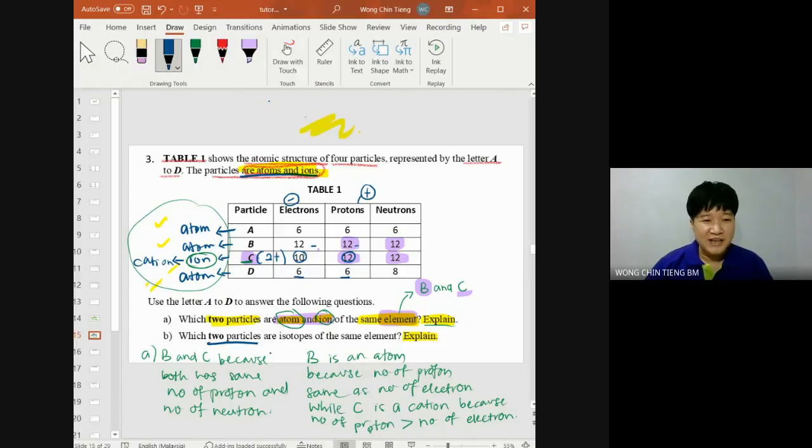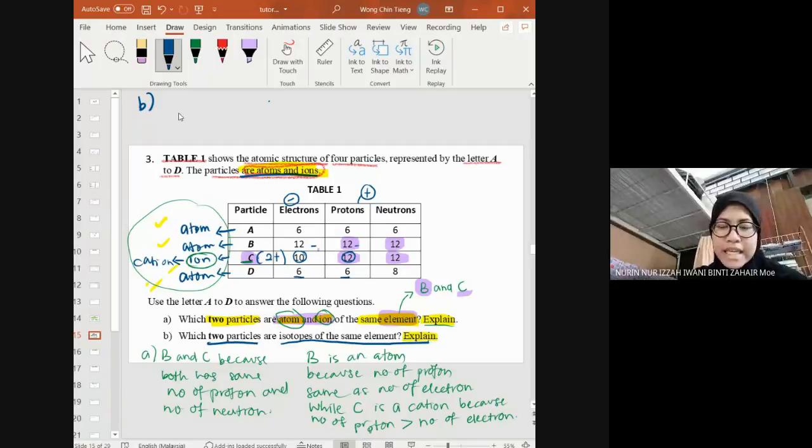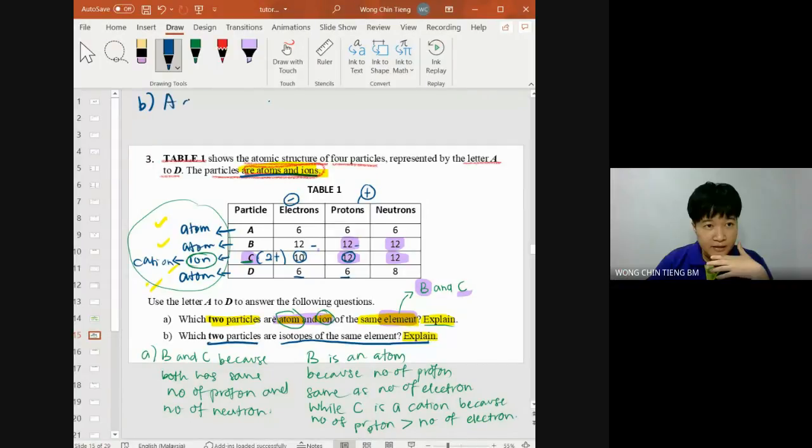Which two particles are isotopes of the same element? Explain. Rasa jawapan? Nurin? A and D. Why?